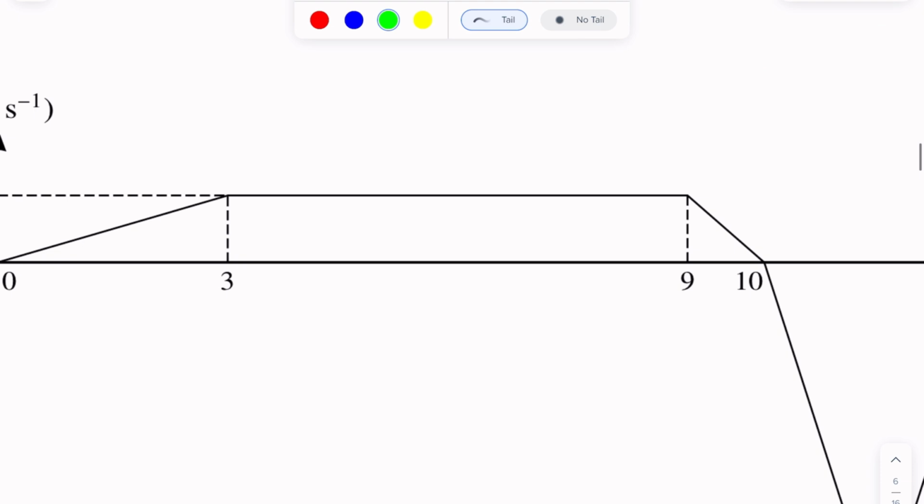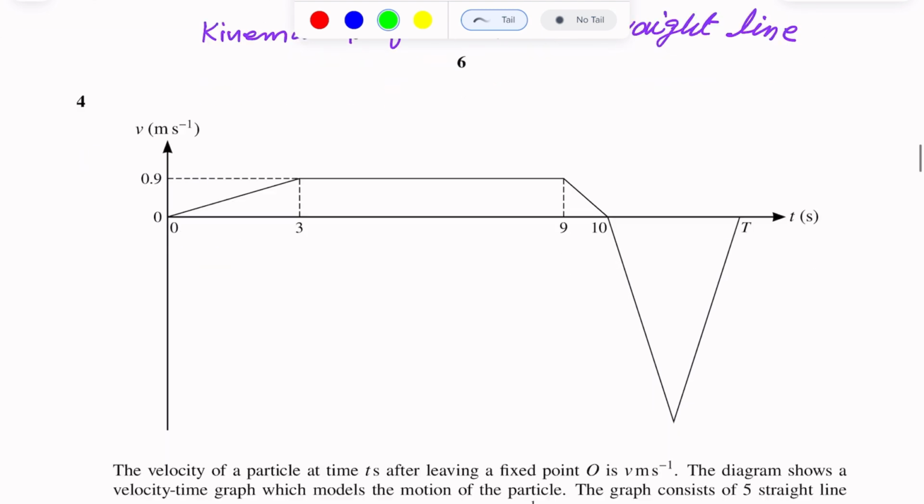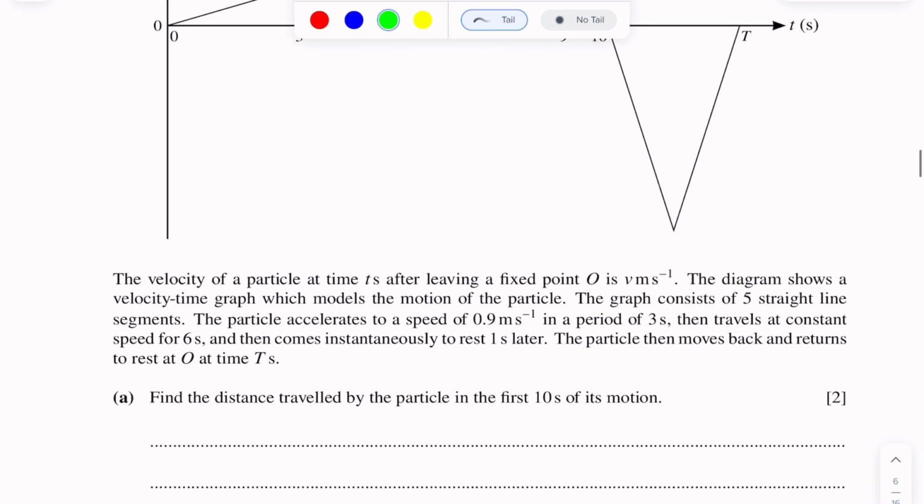This means that we have to find this area under the graph. Then the area will be the distance traveled.